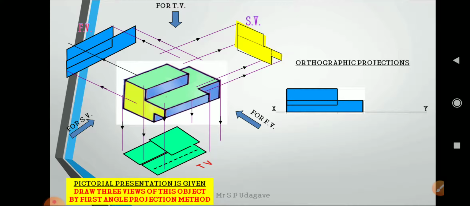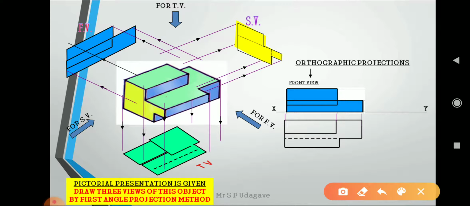Now we can see the front view of the object in the same direction. All the visible parts related to the object we can observe, all the rectangles, and there is no hidden part. Similarly, the top view we can draw with the help of projections.